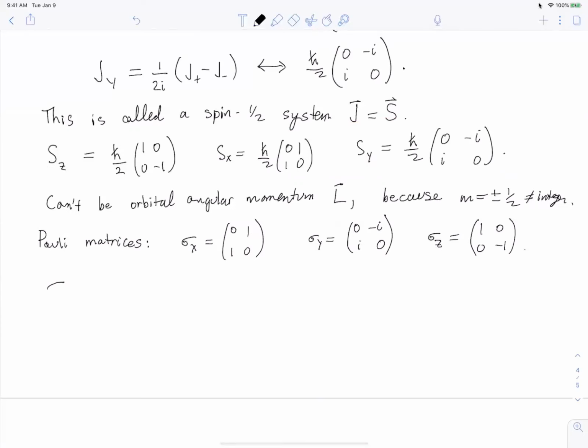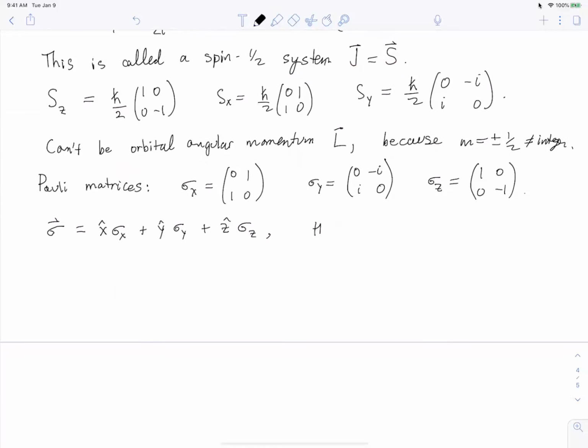So one thing you can do is assemble them into a vector. So it's sigma x in the x direction plus sigma y in the y direction plus sigma z in the z direction. x hat, y hat, and z hat are the unit vectors.